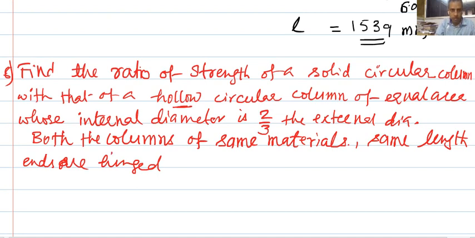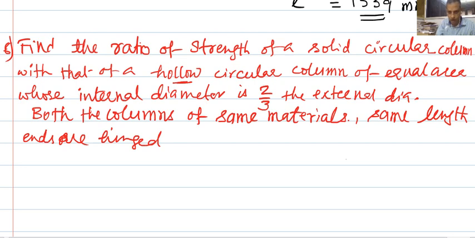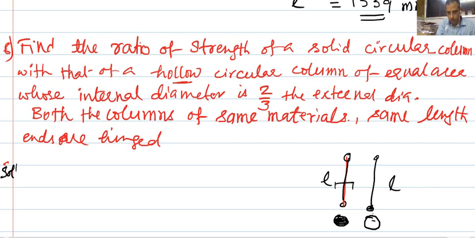Okay, so basically I have one column like this, another column like this. Okay, so I have one column here which is hinged, another column hinged, same length, both ends hinged, L, this also L, and if I take a cross section, one is a solid, this is complete solid, this is a hollow.